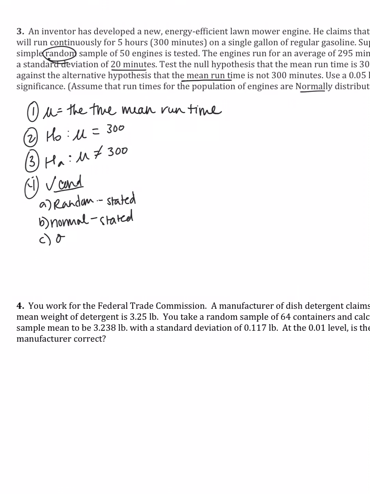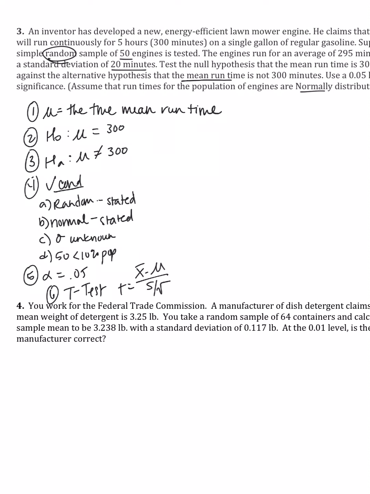No, because the standard deviation is from the sample of 50. And 50 is less than 10% of the population. Alpha, I think it told us 0.05. This is a t-test: x bar minus mu over s over the square root of n.